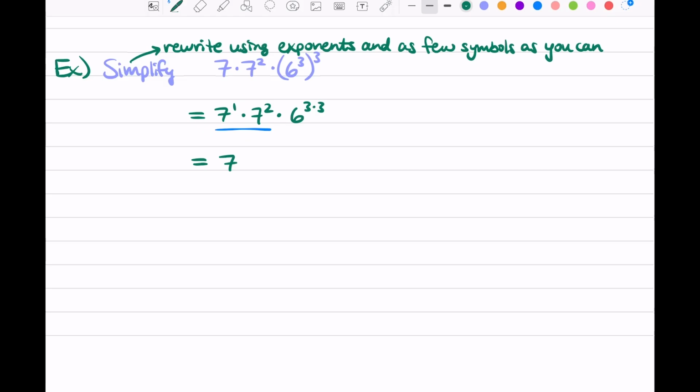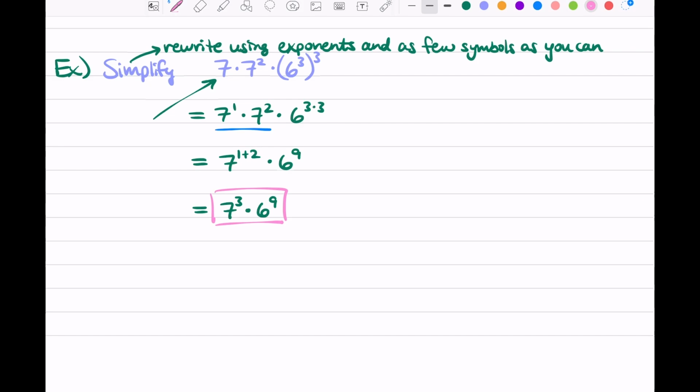So we'd have 7 to the 1 plus 2, and then 3 times 3 is 9, and we can simplify. 1 plus 2 is 3, so we have 7 to the 3rd power times 6 to the 9th power. So we took the original expression, and now we've condensed it into a shorter form.